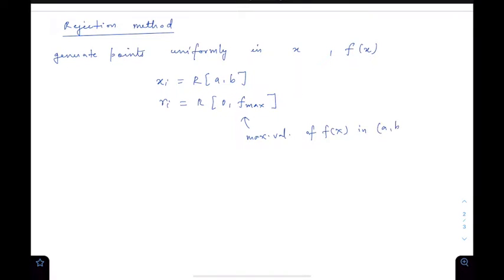And then points for which f of x_i is less than that random number r_i are then rejected.